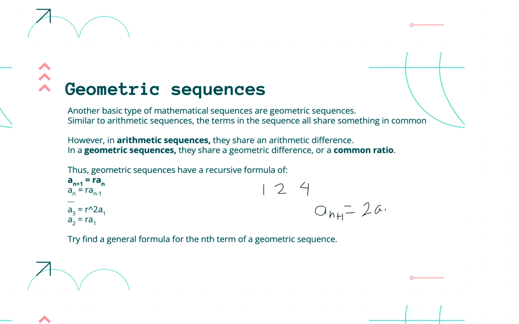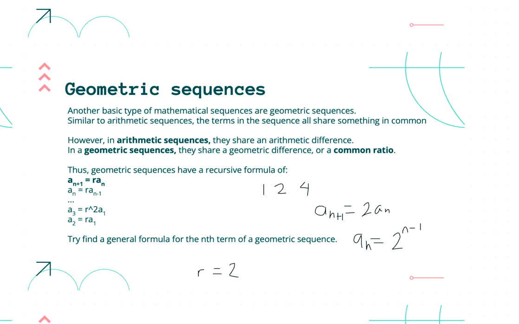And then when we're talking about constructing a general formula, we know that we're going to be multiplying by 2 a lot of times. And then what we found before is that an equals 2 to the power of n minus 1, right? So in this case, the common ratio that's changing between each of these terms is 2. And that's what we often call r. So we say r equals 2 or something like that.